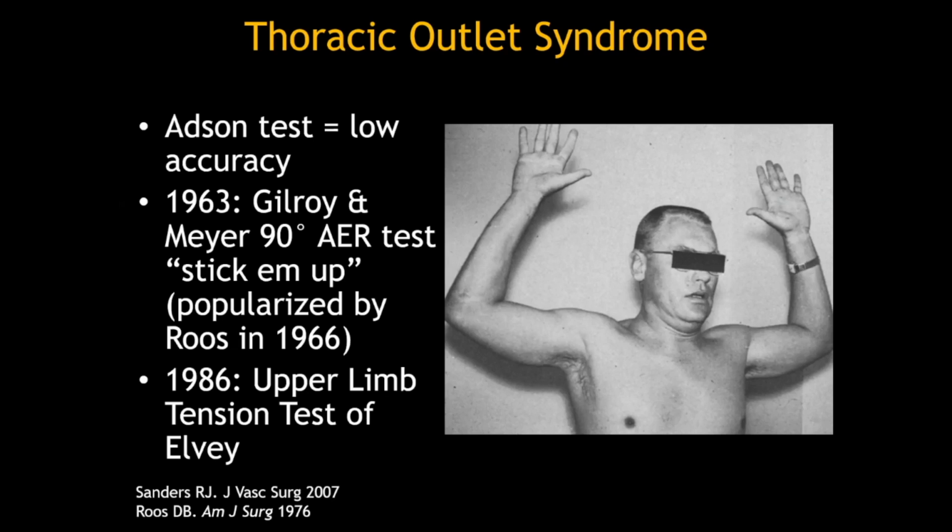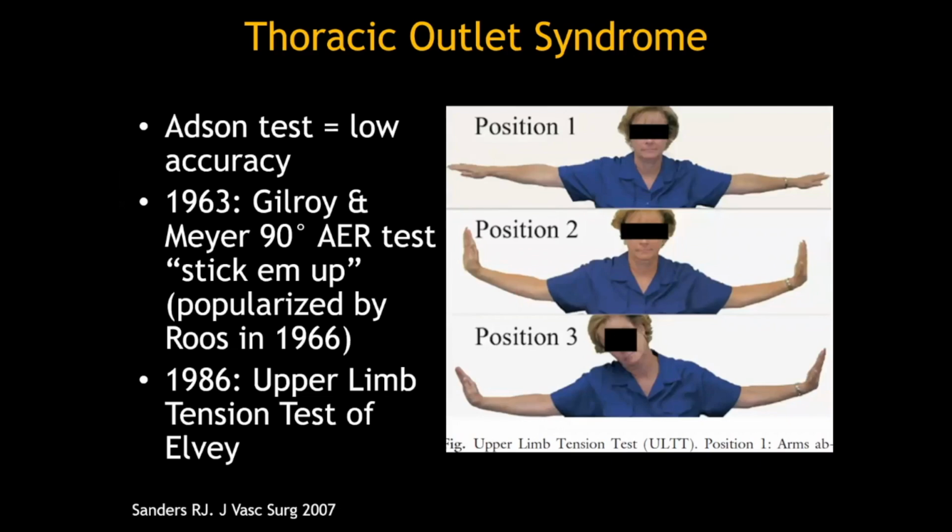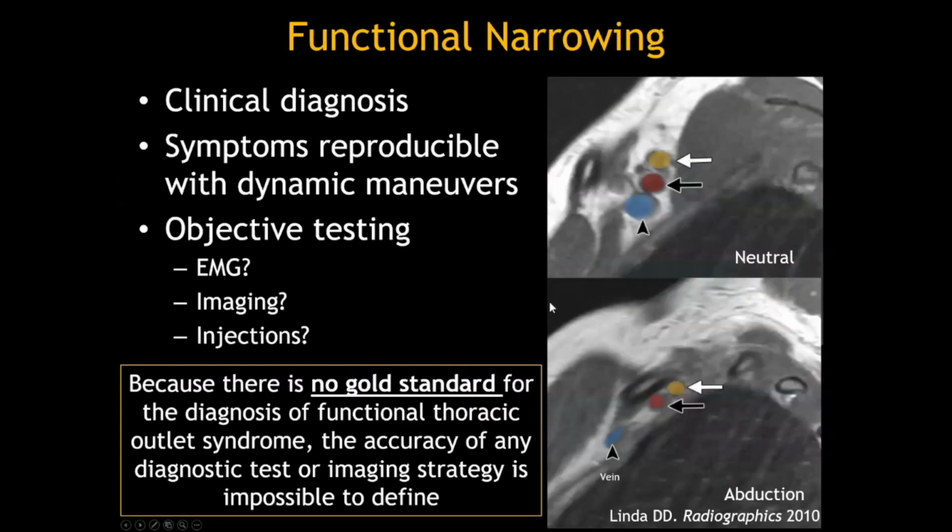So other tests such as this abduction external rotation test, referred to colloquially as the stick 'em up test, popularized by Roos, for which Roos bands are named after, has been suggested as an adjunct for determining the presence of thoracic outlet syndrome. And this has been refined with the upper limb tension test of Elvey, shown here, where various provocative maneuvers are performed to create stretching of the brachial plexus and induce neurogenic thoracic outlet syndrome.